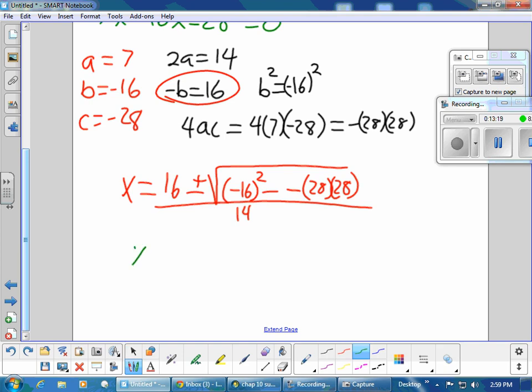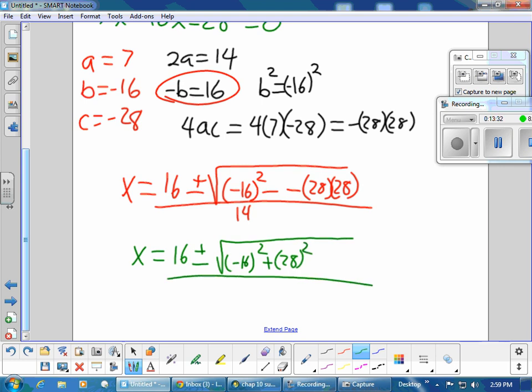This is going to turn into x equals 16 plus or minus the square root of negative 16 squared plus 28 squared, all over 14.